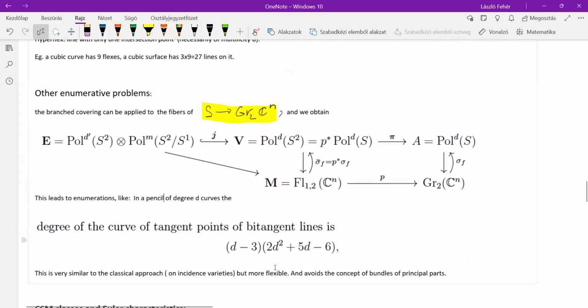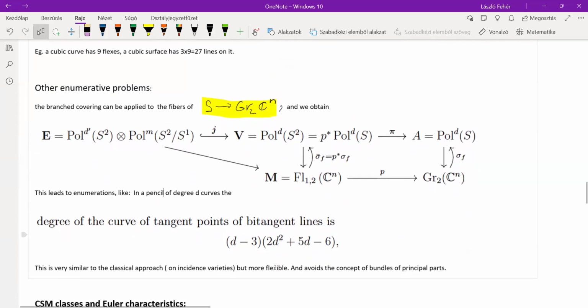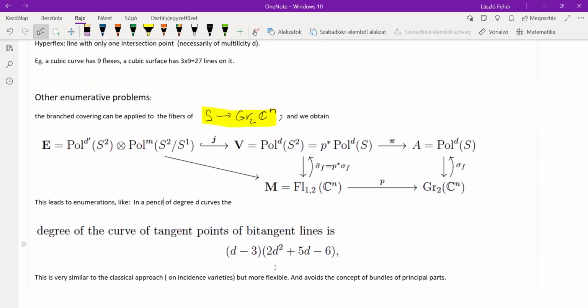And it turns out that our approach is in some sense more flexible than the original approach, which is extremely similar to this one, but much more difficult to introduce, especially because this bundle here doesn't show up explicitly in the classical approach.